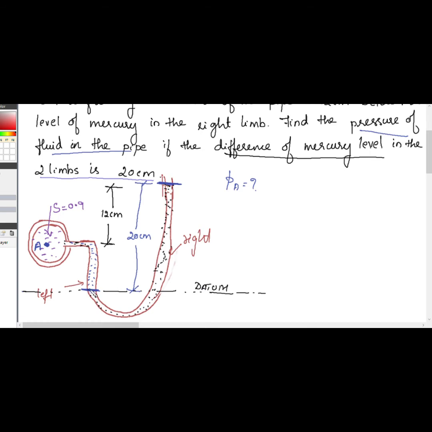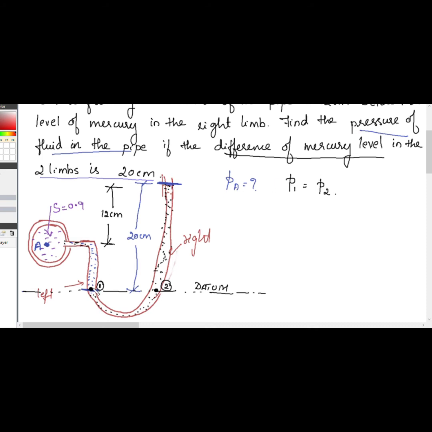Pressure at this point, we will take as 1 and this point as 2. We know pressure at 1 will be equal to pressure at 2. What is pressure at 1?